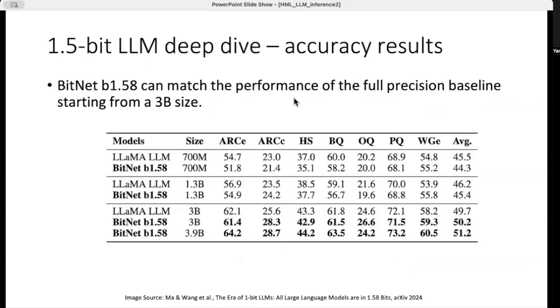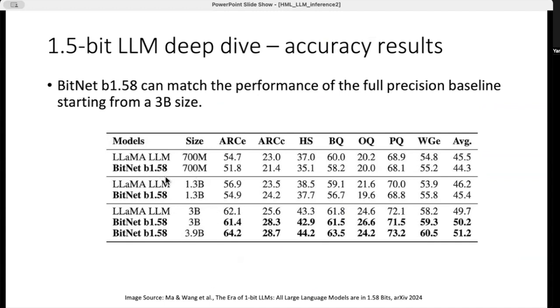And actually they show that the number of parameters still stays pretty much the same, so this is the model size. It's still a similar range of parameters, but when you load the model in memory, the memory use will be a lot less because right now you just use 1.5 bits instead of 32 or 16-bit float.